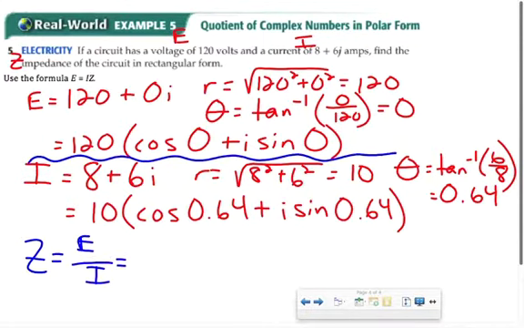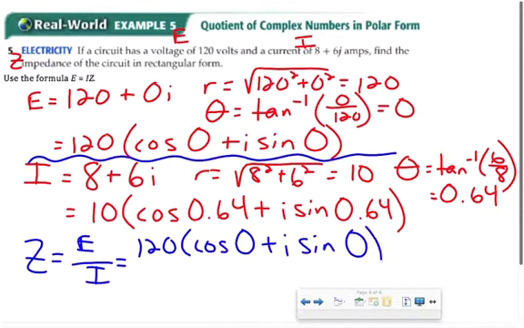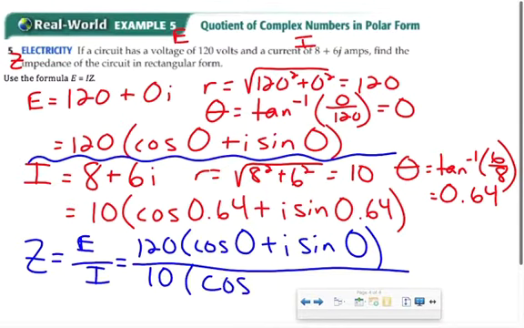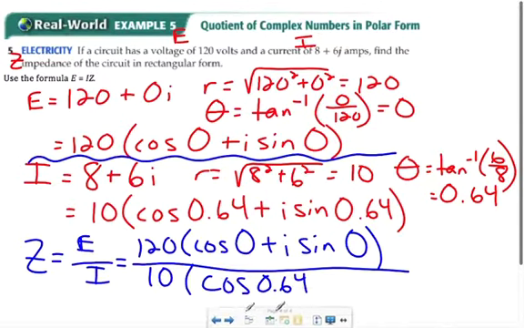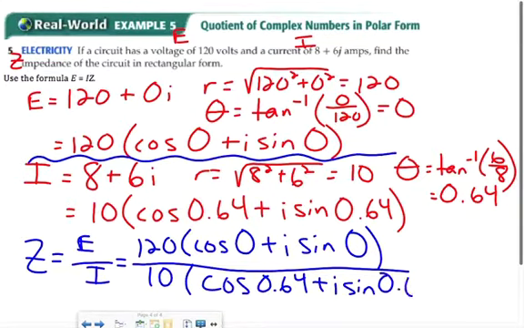So I'm going to take these values that I've found, 120 times the cosine of 0 plus I times the sine of 0 over the I value that I found, which is 10 times the cosine of 0.64 plus I times the sine of 0.64.